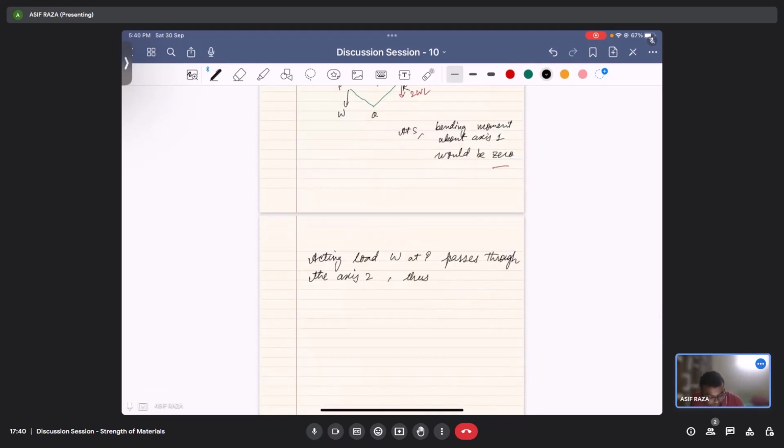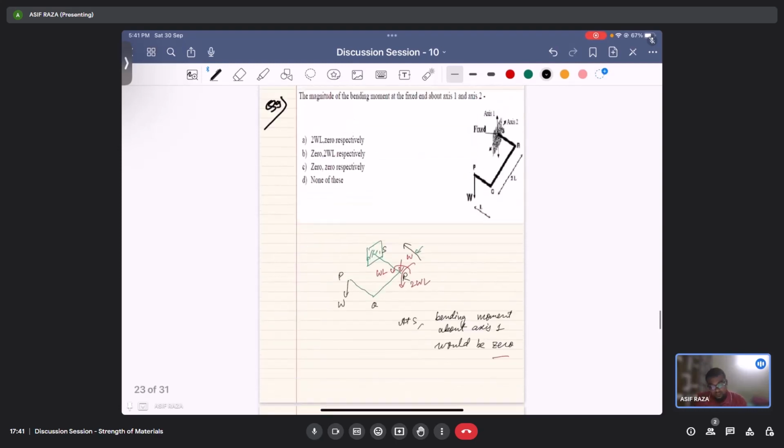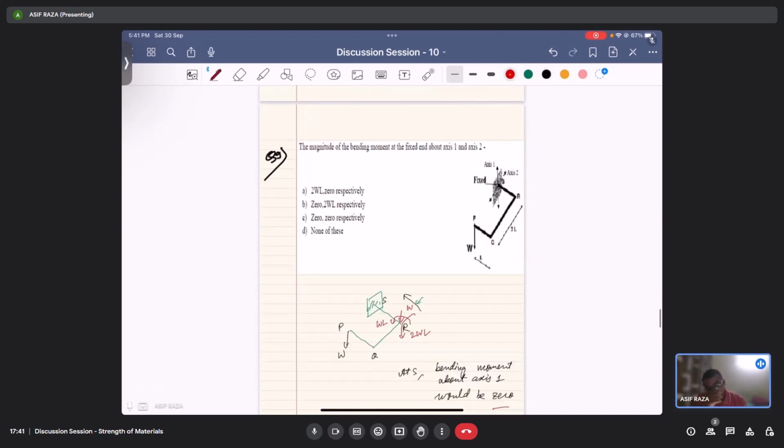Thus, 0 bending moment will be generated about axis 2. Thus, our correct answer would be option C.